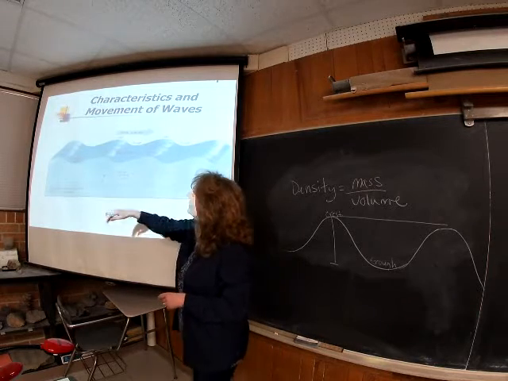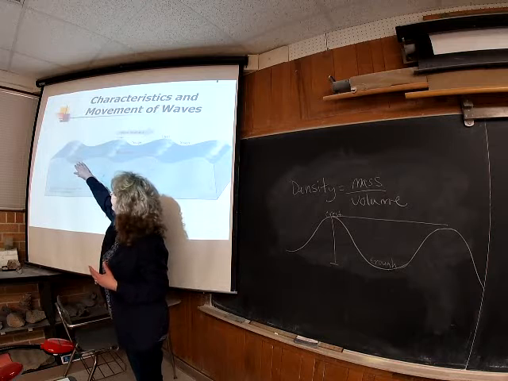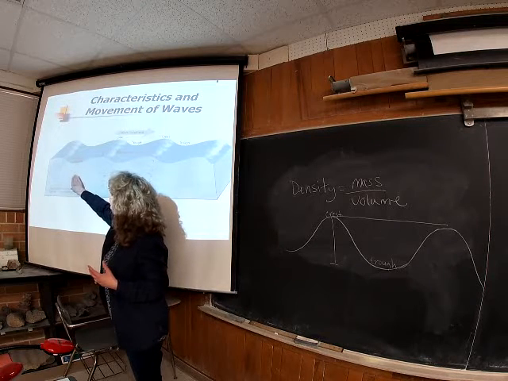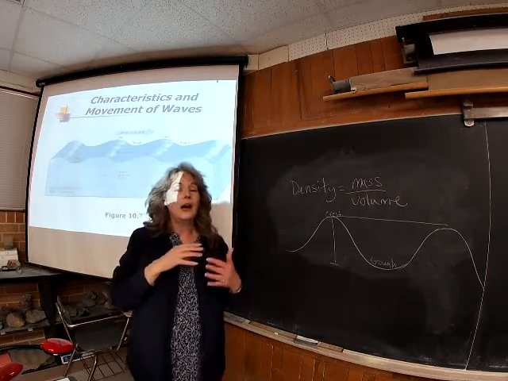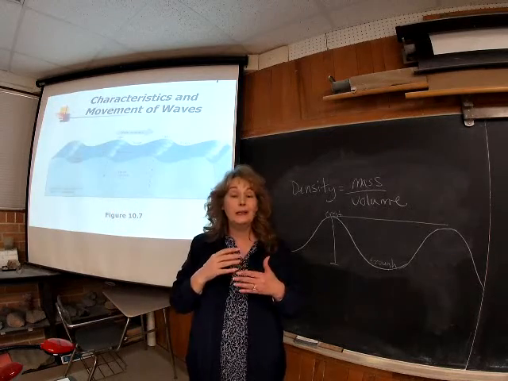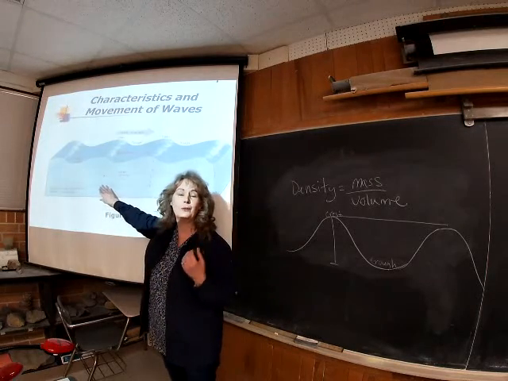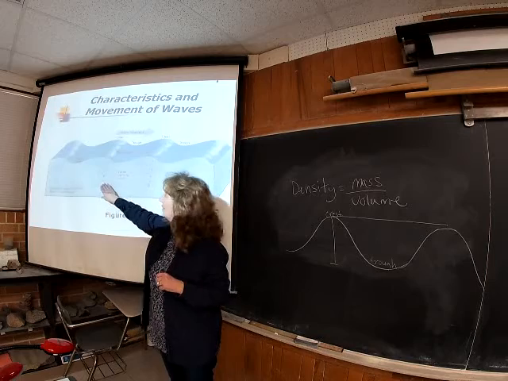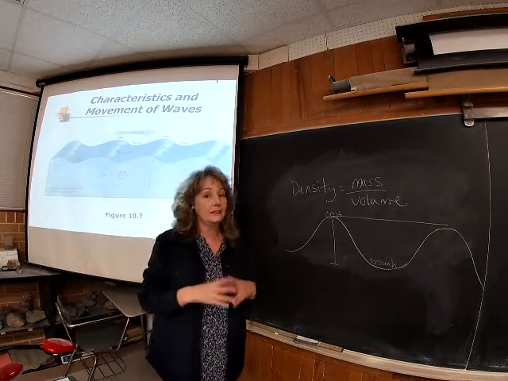And here, if you're looking out there in open ocean water, notice how we get to a certain point where we can no longer feel any water particle motion. It says negligible water movement. So you get to about below 1/2 the wavelength.